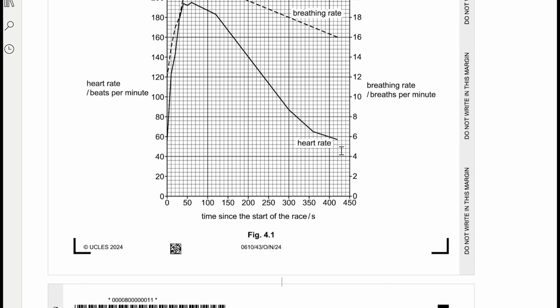At 60 seconds, the heart rate is at the highest level, but at 420, the heart rate is at its normal level.